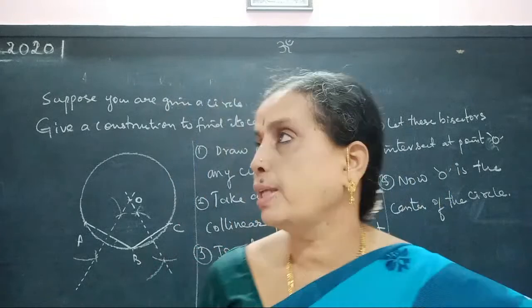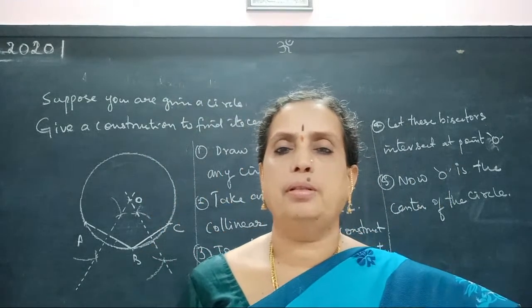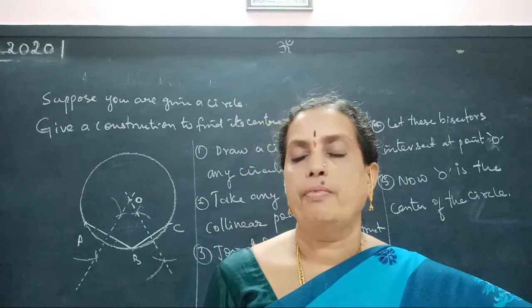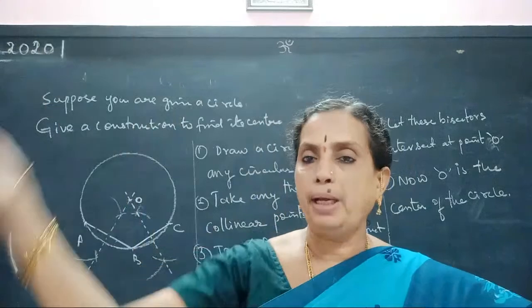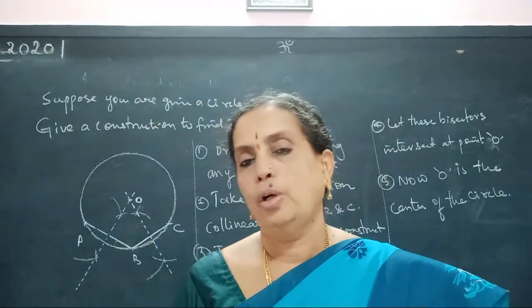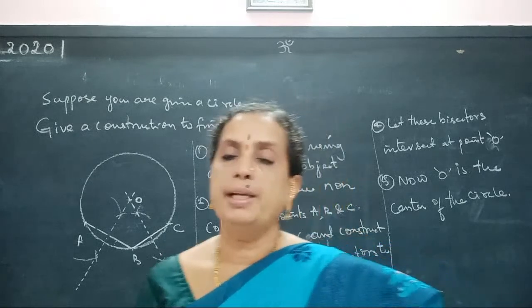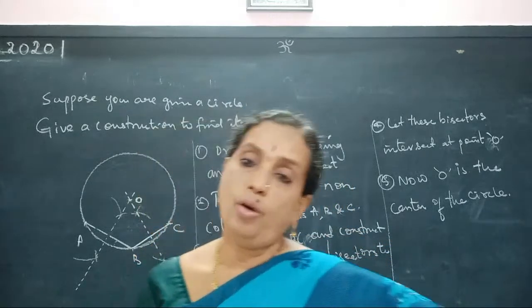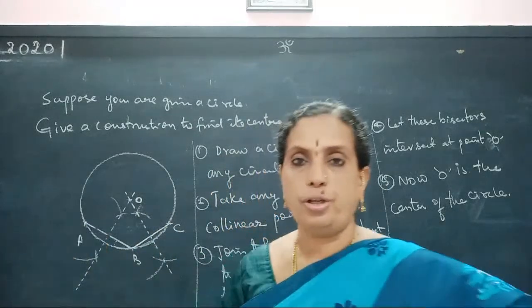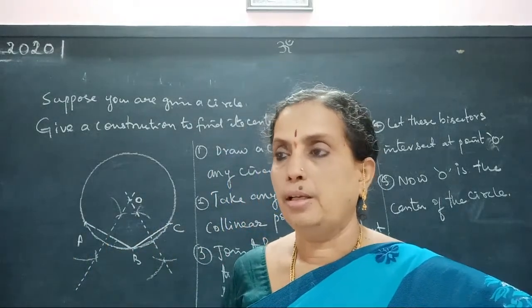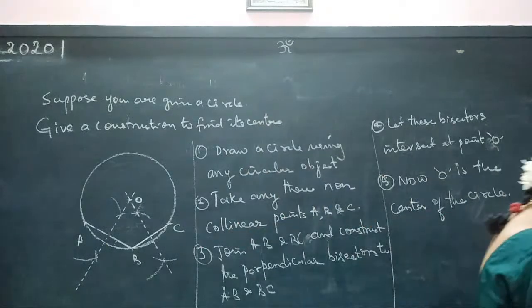An arc of a circle means it is a part of a circle. To complete the arc of a circle, it requires its center. And we know how to get the center of the circle.